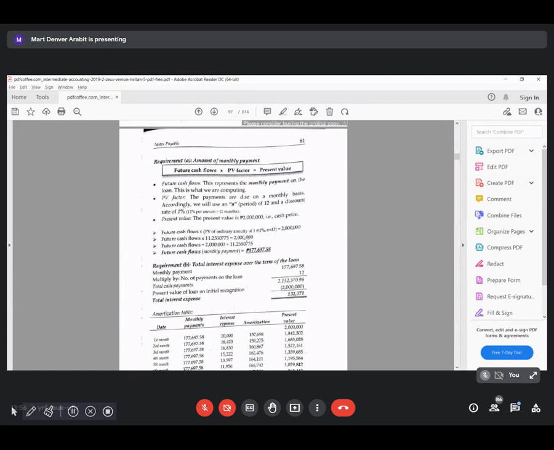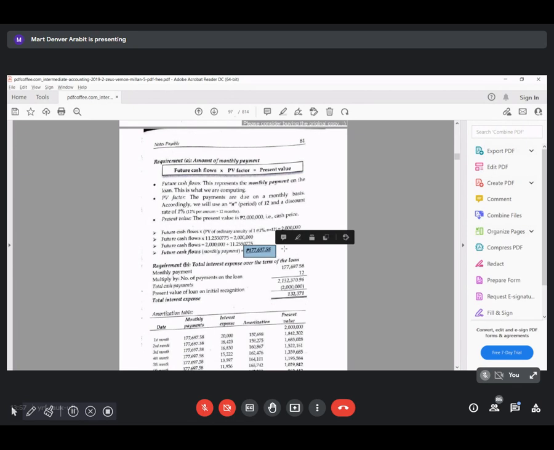So, kailangan nating hanapin yung... Okay, so ang first monthly payment natin would be 177,695.58. So, saan natin nakuha tong amount na to?